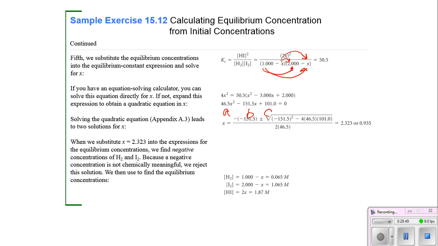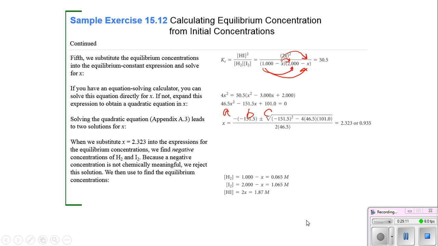So that means we're going to not use that number, reject it, because it's not chemically meaningful. So for x, we're going to use the 0.935 and substitute that in. That works, and that will give us the correct molarity for H2 and I2 and HI.